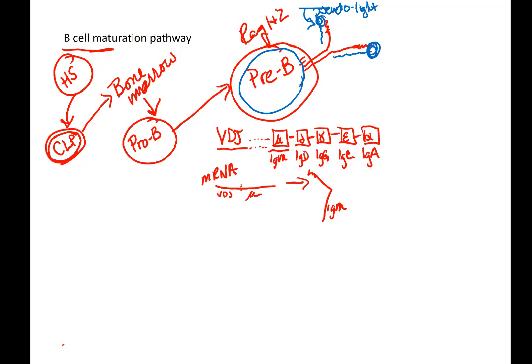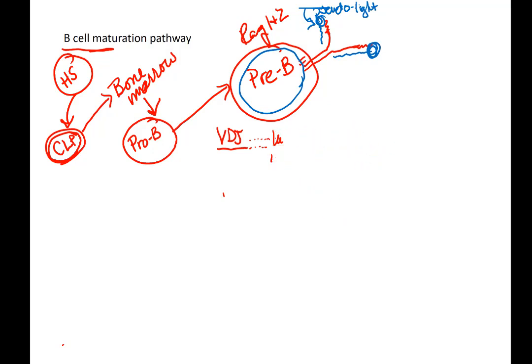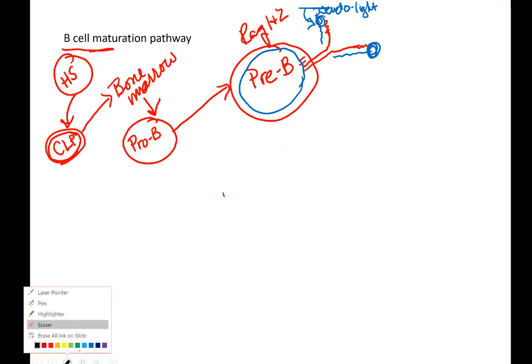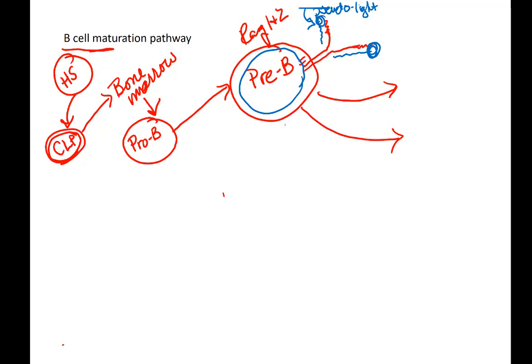The other thing that I want you to understand is that once it's selected, we're going to start clonally expanding this B cell with this specific heavy chain receptor, because it's hard to make a heavy chain.